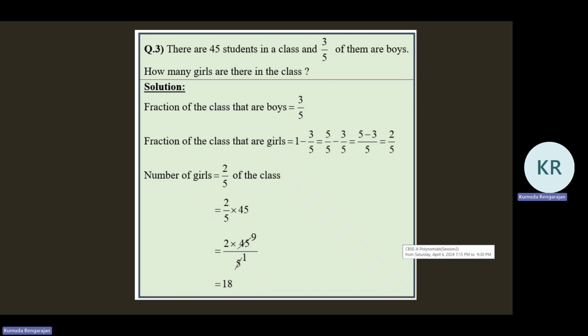And after that, 45 minus 27. Finished? Yeah.